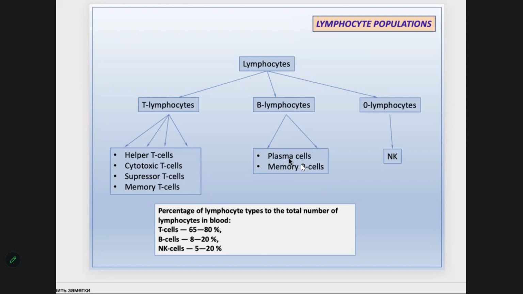So this is the classification of lymphocytes according to their development, their origin, and their function. The percentages of lymphocyte types are presented in this table. The prevalent population is T lymphocytes, up to 80%, B lymphocytes from 8 to 20%, and natural killers in the blood from 5 to 20%.